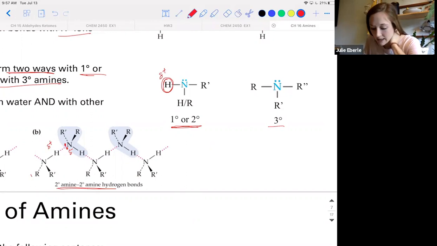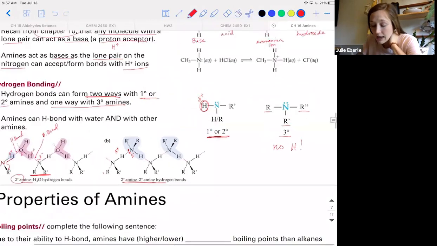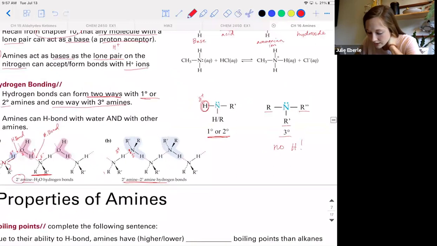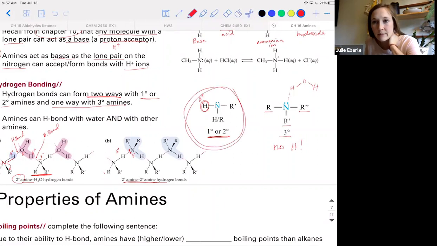But a tertiary amine has no hydrogens, it's all carbons. It could be three different carbon groups, it could be three identical carbon groups. But we have no hydrogen here. So you can hydrogen bond with water. The hydrogen off of a water molecule would be attracted to that electron pair on the nitrogen, but that's the only way it can hydrogen bond. There's a lot more options with primary and secondary amines. And I'm just talking about hydrogen bonding here.